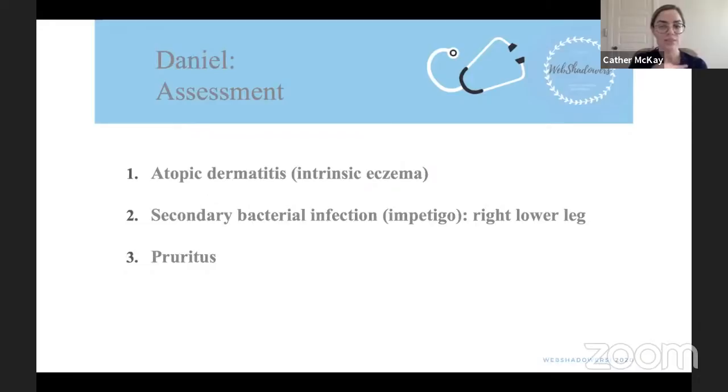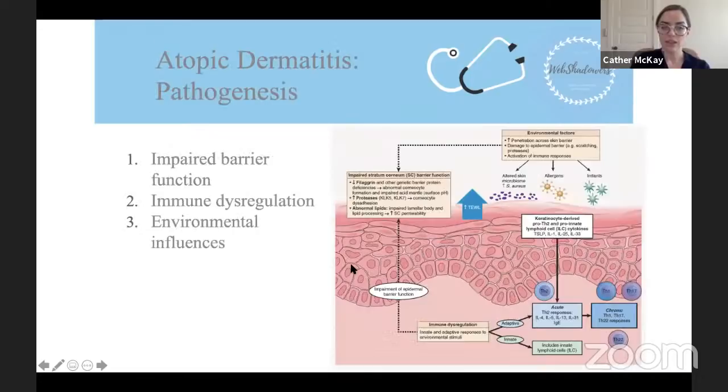So it's secondary to the eczema, and kids are scratching with their dirty fingernails or whatever. Kids with eczema are very prone to bacterial skin infections. And then pruritus, which goes along with the atopic dermatitis, but we will talk a little bit about that. Okay, so pathogenesis.